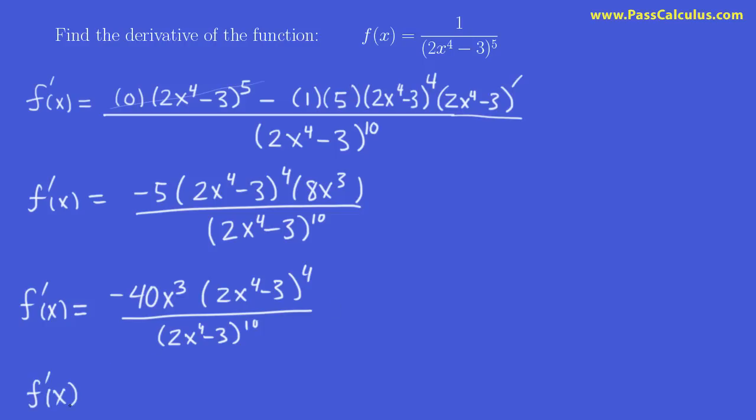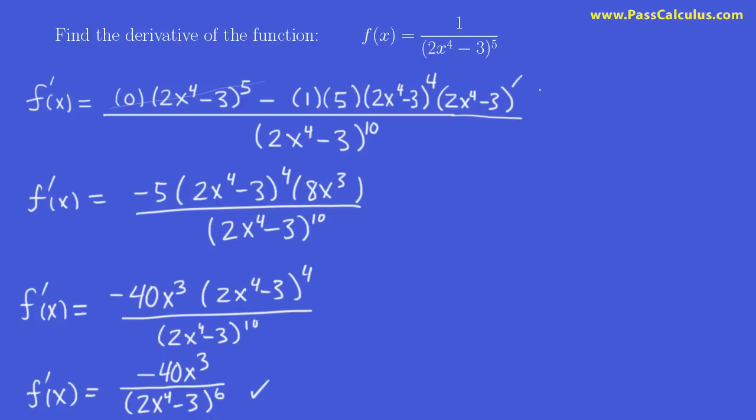We could subtract those exponents. Usually we do 4 minus 10, we get negative 6 on the top, but it's just the same as if I bring this to the bottom, it becomes negative 4. 10 minus 4 is 6. So we get 40x cubed over 2x to the 4 minus 3 to the power of 6. And there's our final answer.